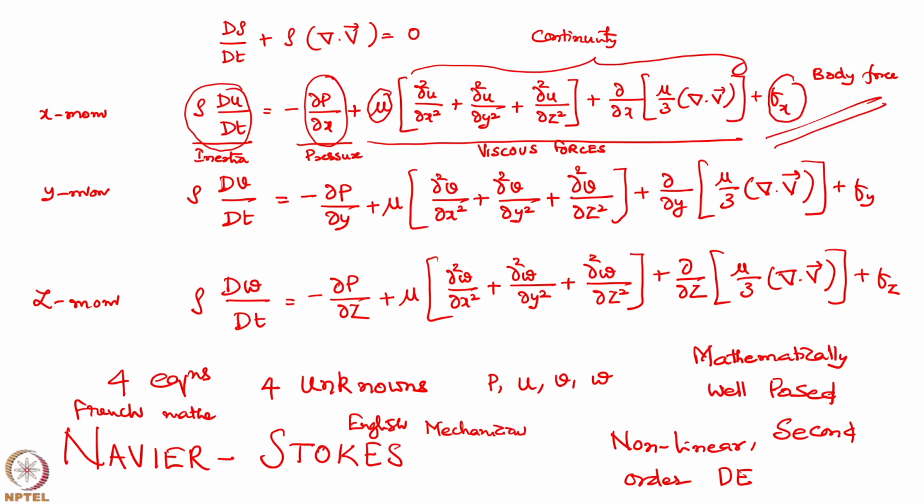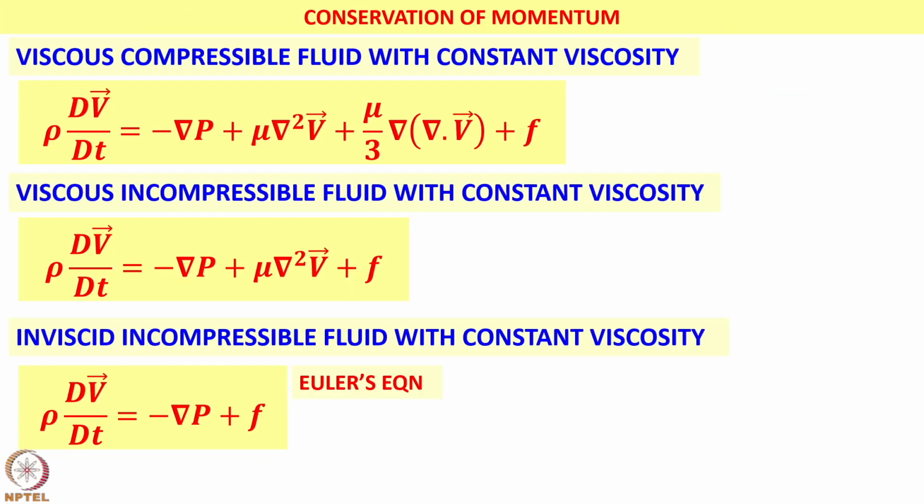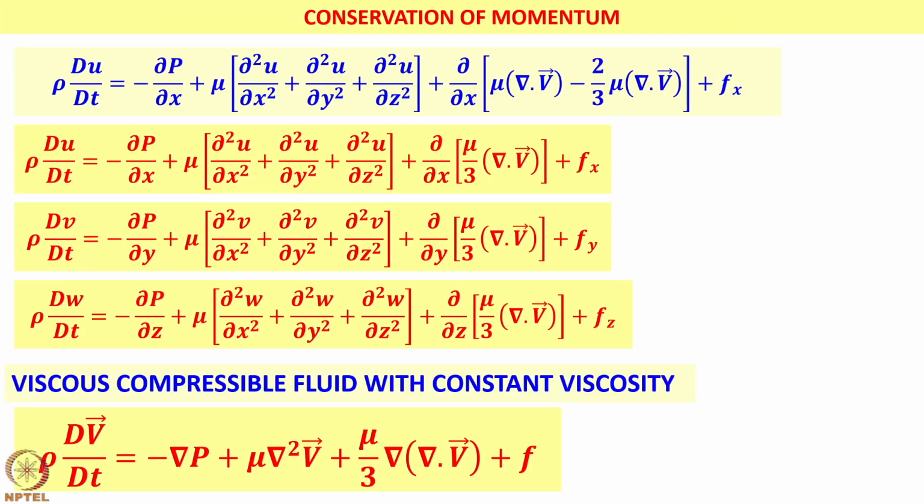Okay. So having understood this, if you remove the viscous term, this equation should reduce to Bernoulli's equation. Does that happen? Yes, it does happen. If you just see, you can write this in the vectorial form. I am not going to write that here.